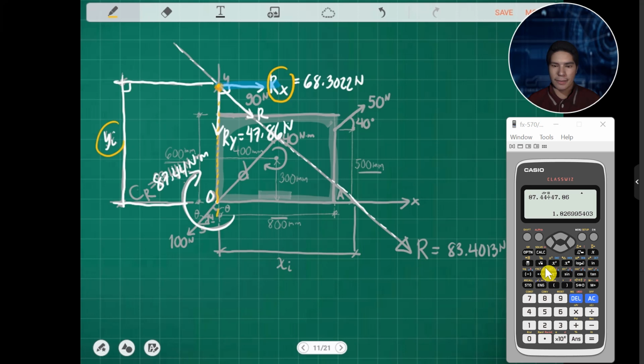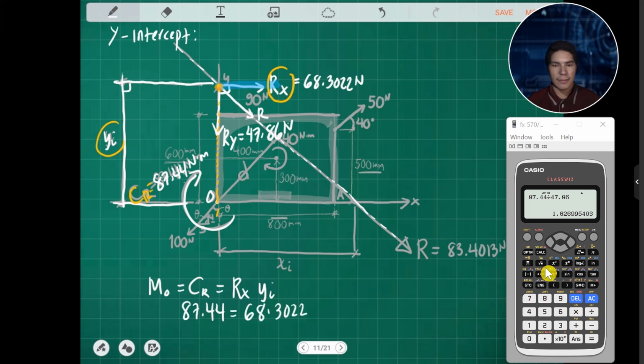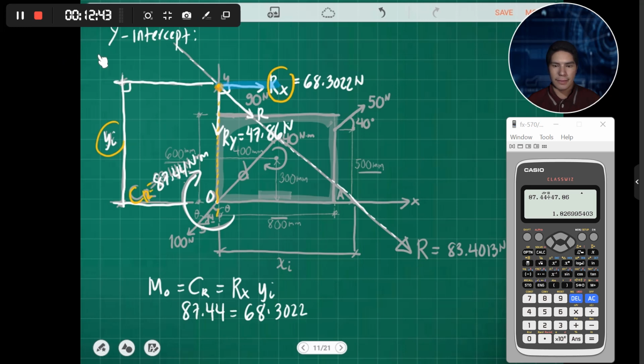So ito na, no? So we have now moment at point O, that is the resultant couple. So we have the Rx multiplied by the y-intercept. So we have now 87.44. The Rx is 68.3022 multiplied by yi.